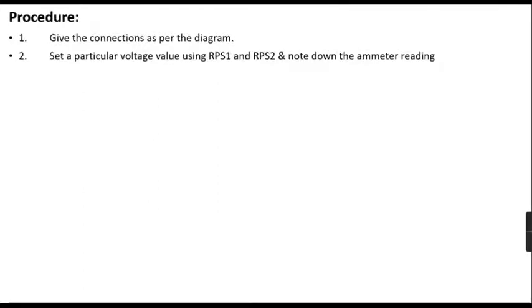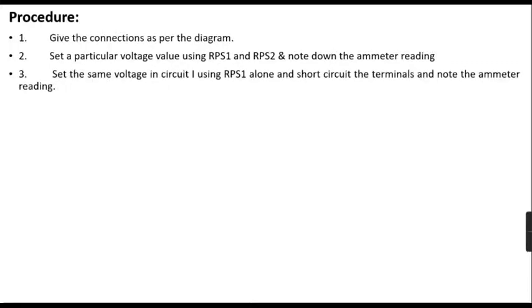Procedure: make the connections as per the circuit diagram, set a particular value in both the RPS and note down the ammeter reading. This is the initial condition for the circuit given in the diagram.